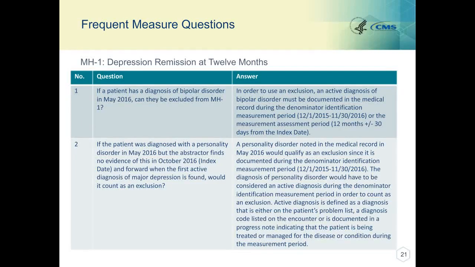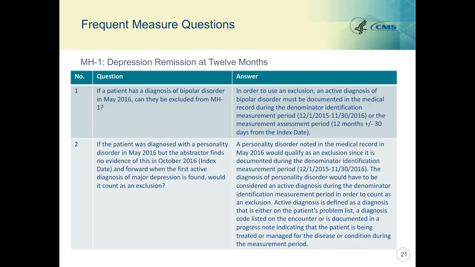The next set of questions is specific to the MH1 depression remission at 12 months. If a patient has a diagnosis of bipolar disorder in May of 2016, can they be excluded from the MH1 measure?